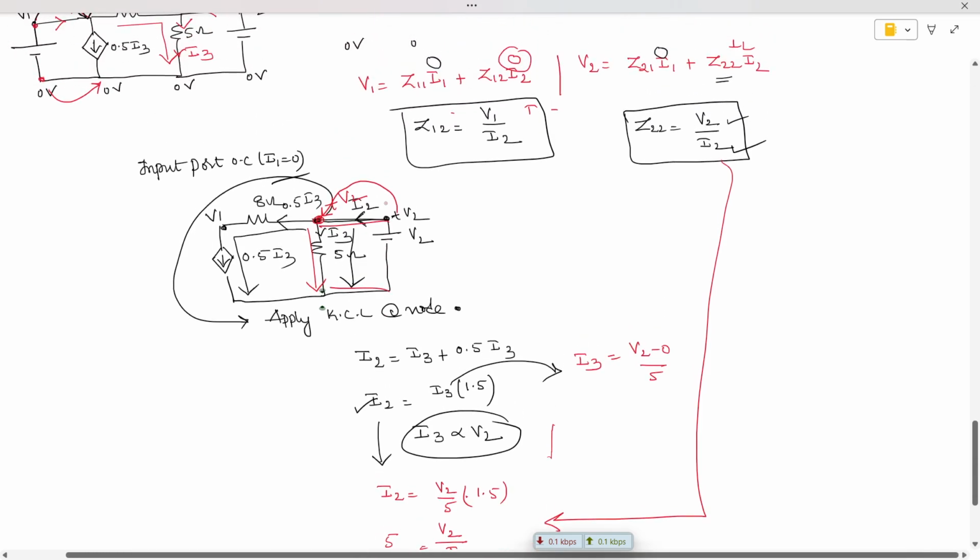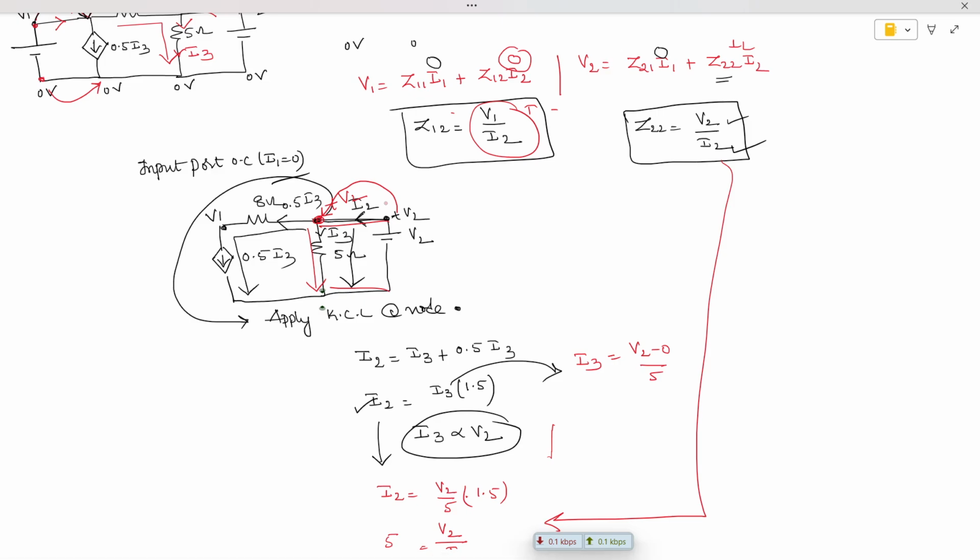But we require one more, which is very interesting, V1 by I2. In order to obtain this equation, what is the current flowing in this branch? I'm going to take this current separately. I'm writing this current 0.5 I3 is equal to, I want to link V1 and I2.